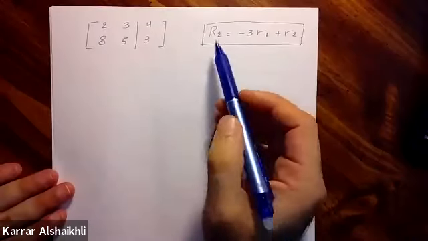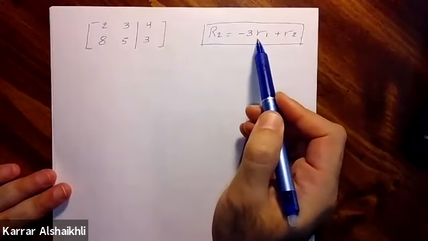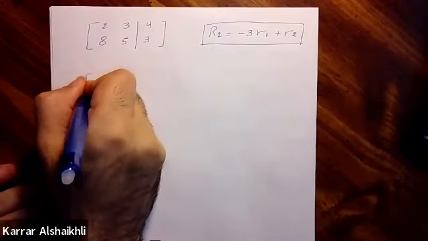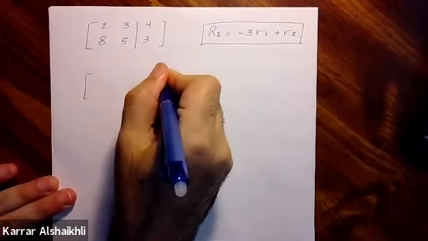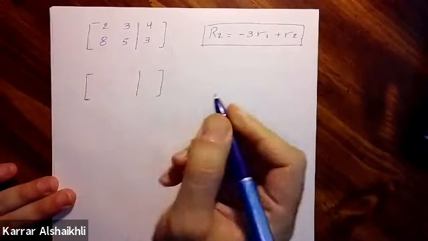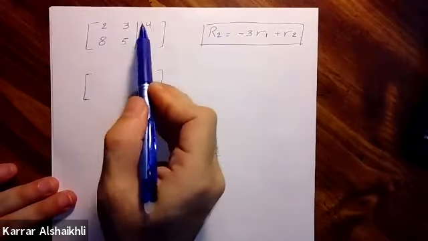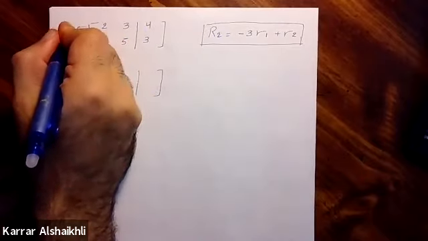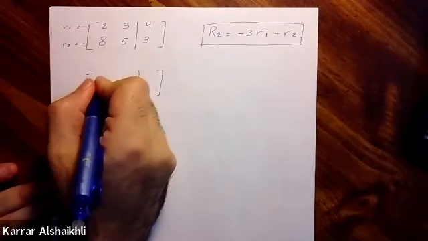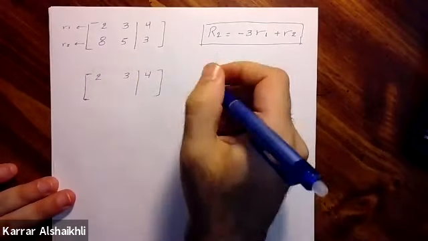So here's the rule. The new R2 is going to be negative 3 times R1 plus R2. So I'm going to get the new matrix here. I'm going to get a new R2. That means the old R1 is not going to change. And here's R2, so it's going to be 2, 3, and 4. Let's use this rule.